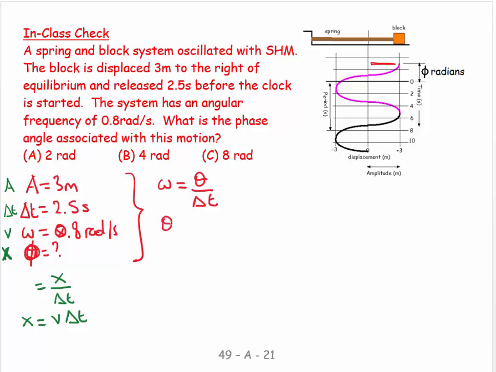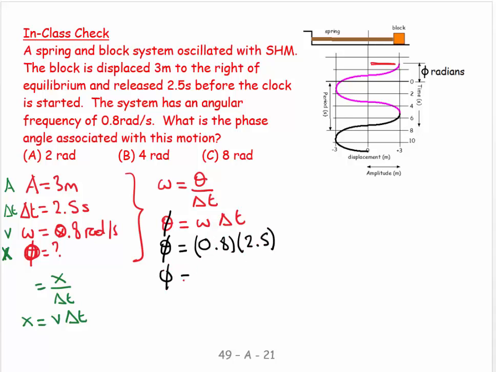And so the angle is equal to the angular velocity times the time taken. And then I come along and say, well, my theta, oh, I keep calling it theta, I'm sorry, it's phi. My phi is equal to my omega, which is 0.8, times my time taken, which is 2.5.